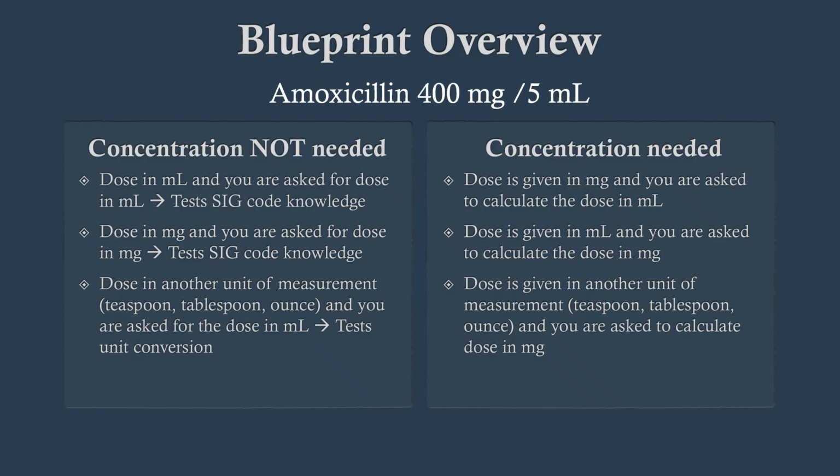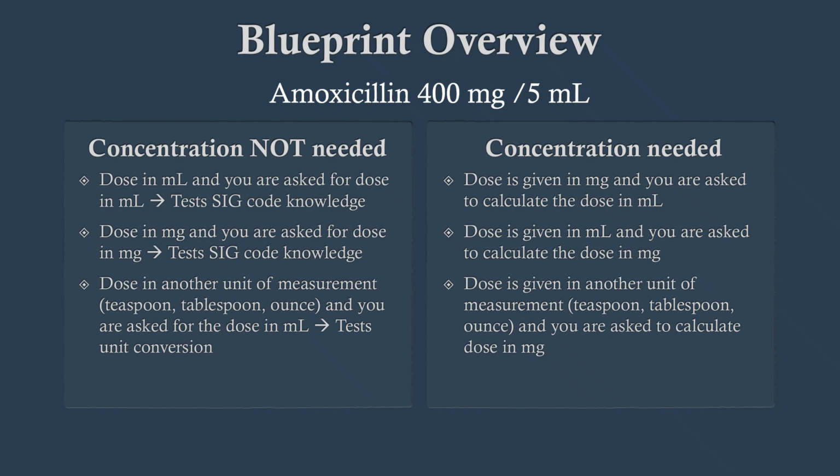The second scenario, if the dose is given in ml in the problem and you are asked to calculate the dose in milligram, you'll need to use the concentration for that. And then lastly, if the dose is given in another unit of measurement like teaspoon, tablespoon, or ounce, and you are asked to calculate the dose in milligram, you'll need to use the concentration.